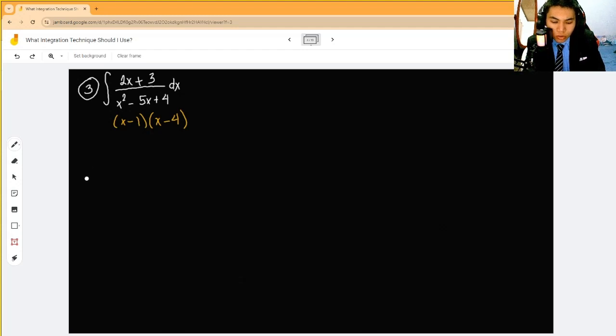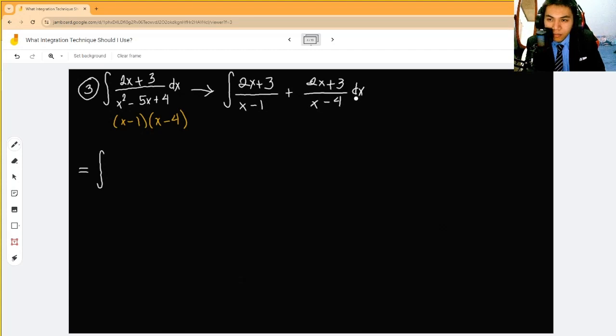Now what we can actually do here is rewrite this in the form of the integral of 2x plus 3 over x minus 1 plus, and we copy the same thing here, x minus 4, kind of like that. Is it like that? Yeah, I think so.